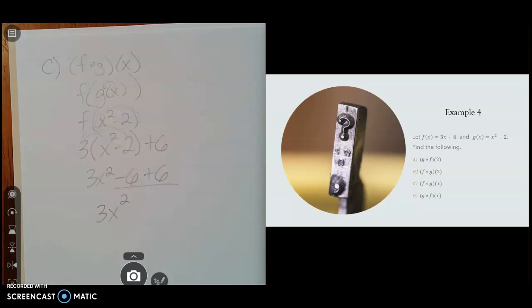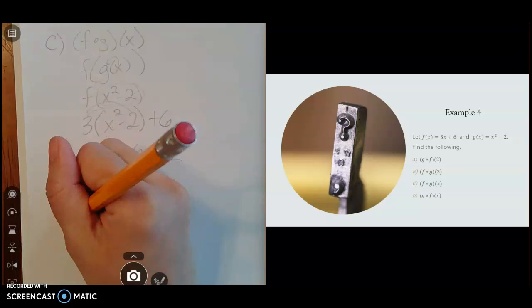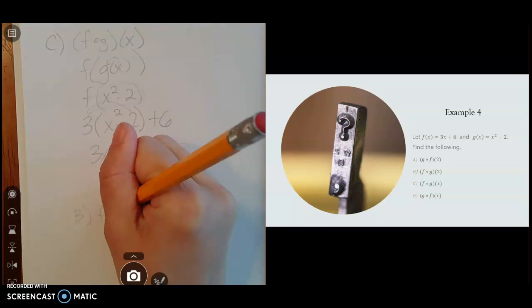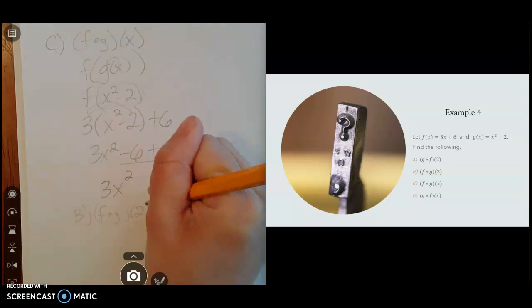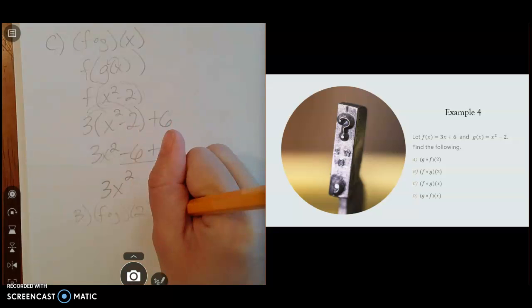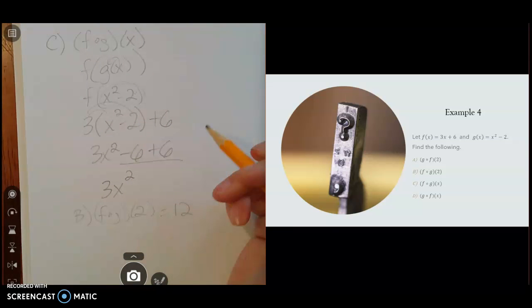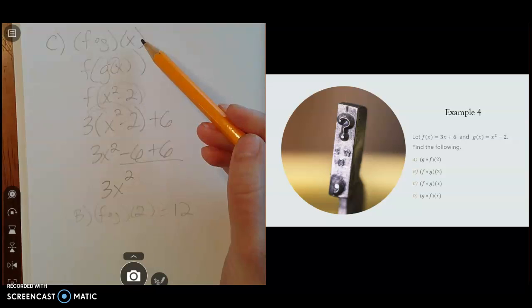In case you're curious, how does this relate to that f of g of 2 that we did in part B? You guys remember in part B, we did f of g of 2, and we got 12 as our answer, right? Well, the nice thing is we just did a generic f of g of x.